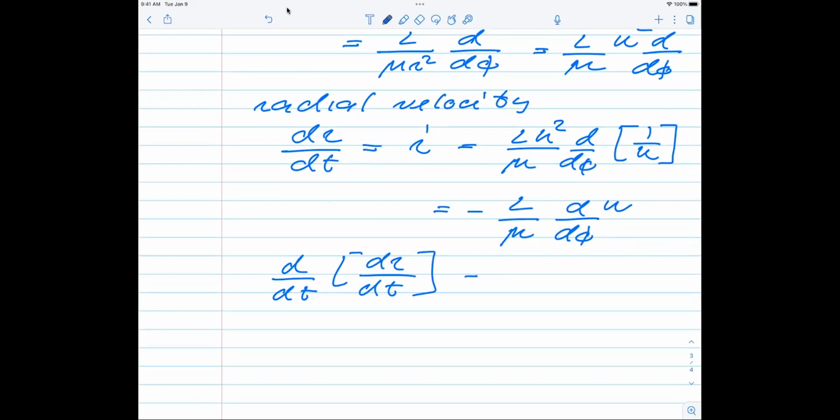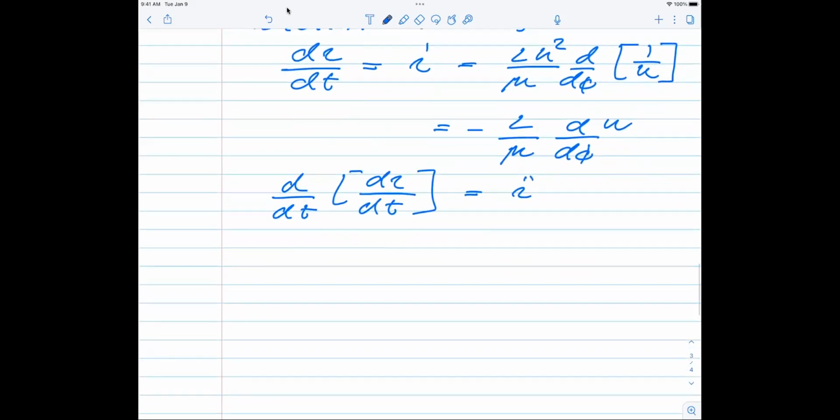This is nothing but our r dot, which appears in the equation for the acceleration. And this means that when we plug things in, this is a d dt, and then I have minus L, and L is a constant, mu is a constant, so nothing happens there. And then I have a du of d phi, like that.